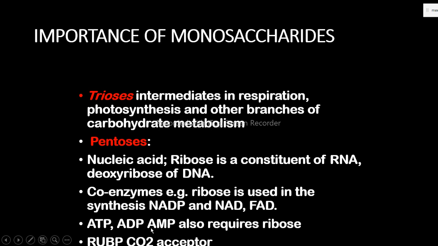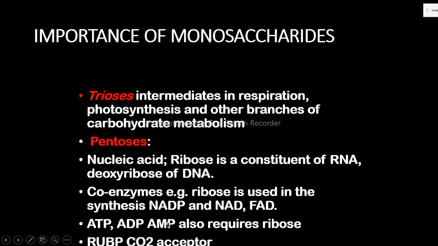ADP is the same as ATP. AMP, this is adenosine monophosphate, not adenine but adenosine, meaning that there is a ribose sugar. It's an organic base bound to the ribose sugar with a phosphate group, adenosine monophosphate.